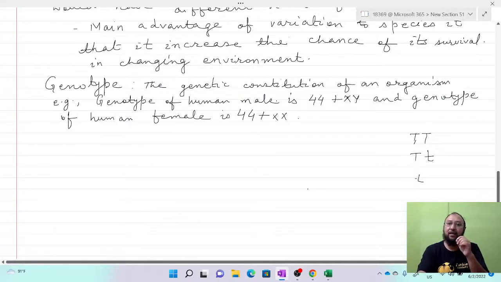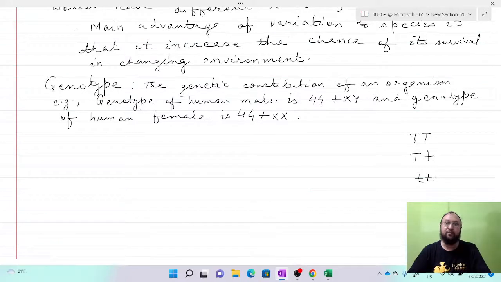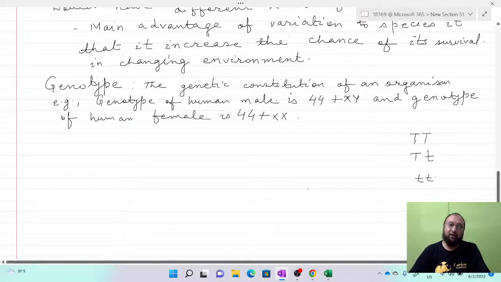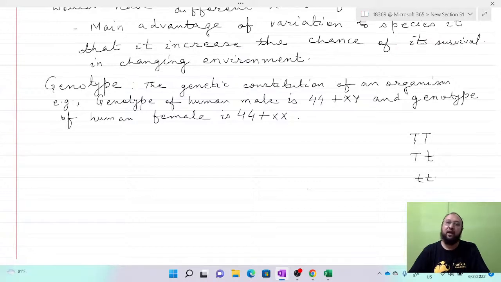If both are capital T in the progeny, it is expressed as tall height. If one is capital T and one is small t, the effect is also tall height. But if both are small t, then it is short height, dwarf, not tall.